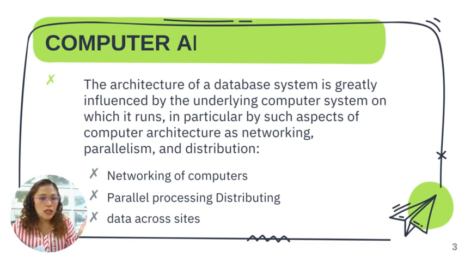So when you say computer system, you are looking into the different aspects as to networking, parallelism, and distribution. So when you say networking, it's how computers are interconnected with another computer.